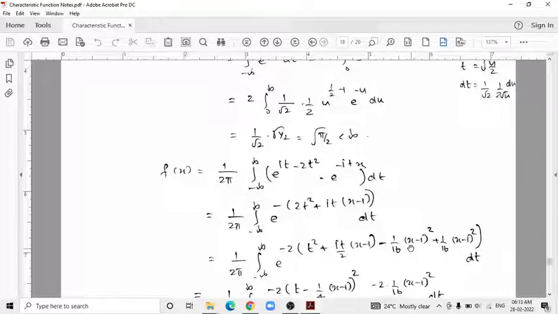So when we take 2 outside, it is t square plus it by 2 x minus 1. So these are only the first square term and only the second product term.